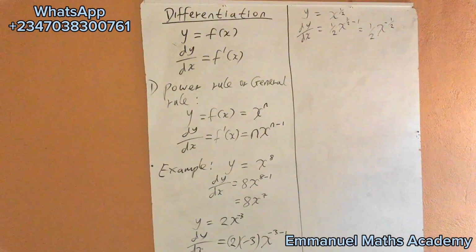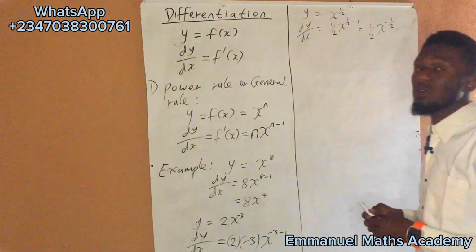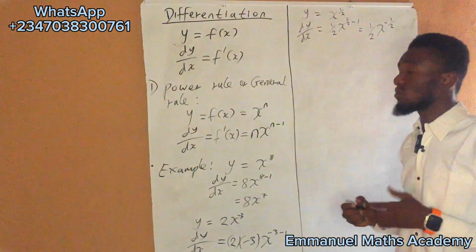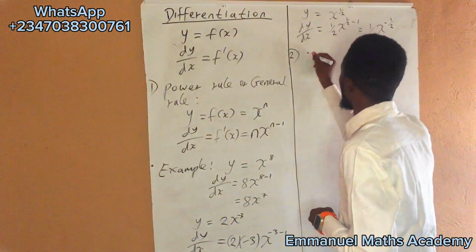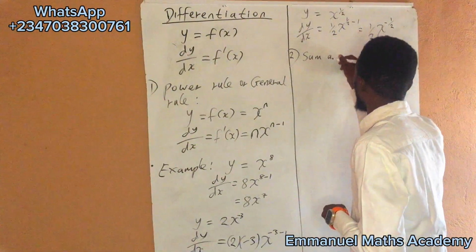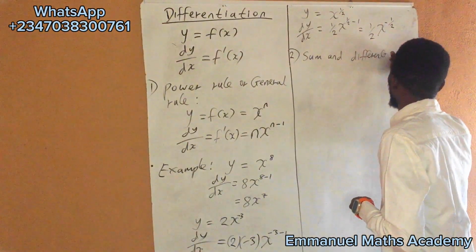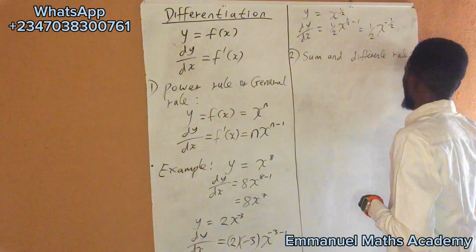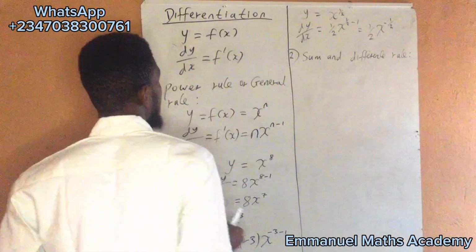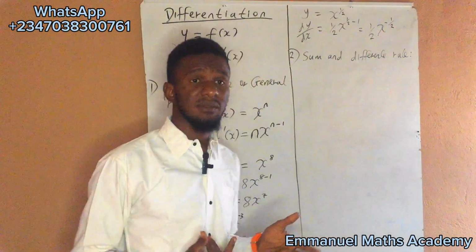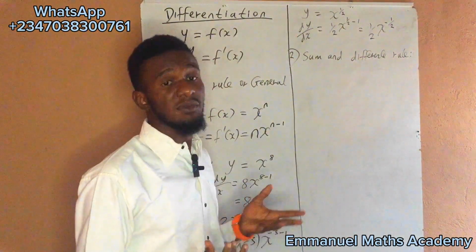Now, the next technique, or maybe the next rule, is what we call the sum and difference rule. What is sum? Sum simply means the addition of two numbers. And what's the difference? Difference means subtraction.